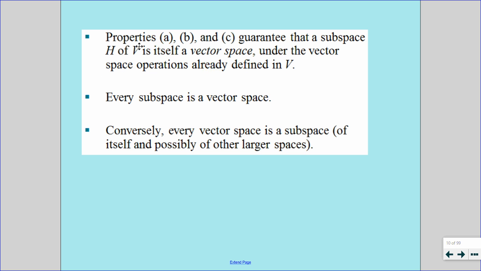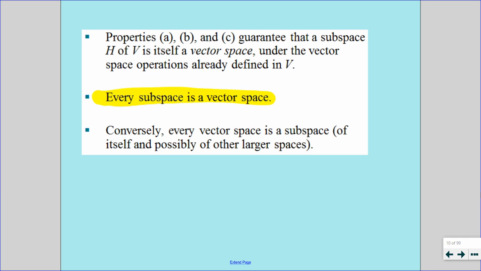These properties guarantee that a subspace H of V is itself a vector space. Every subspace is a vector space, so it can stand alone or it can be part of the whole. And also every vector space is a subspace of itself.